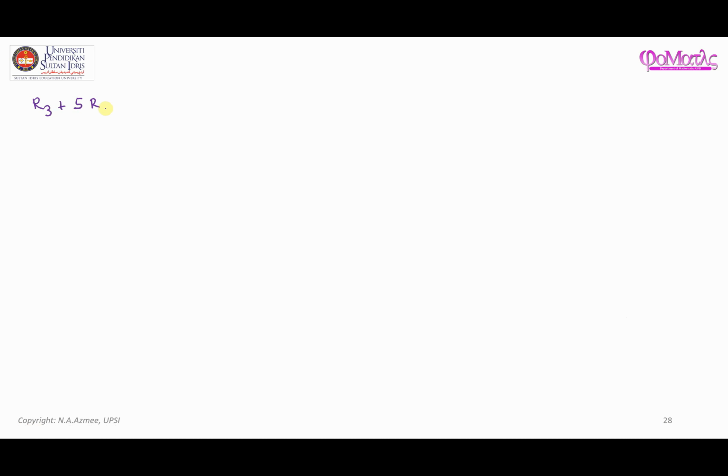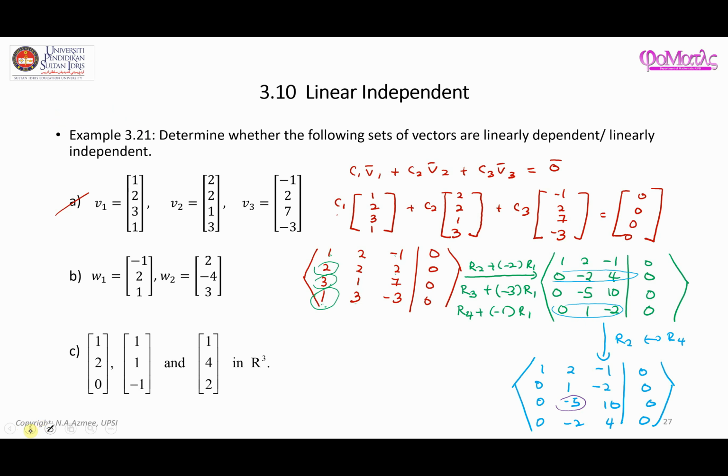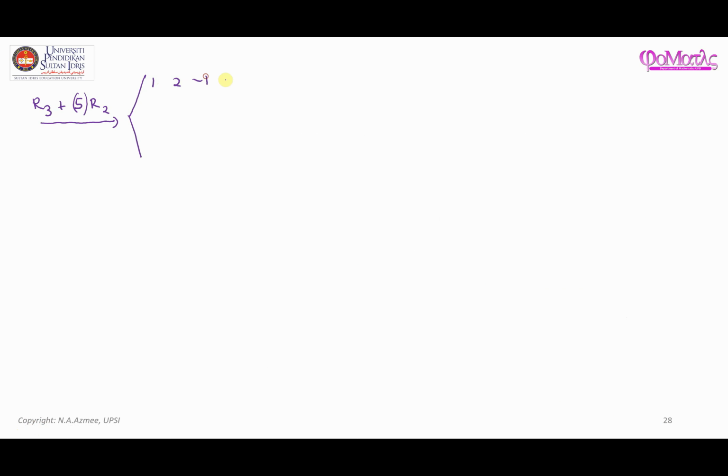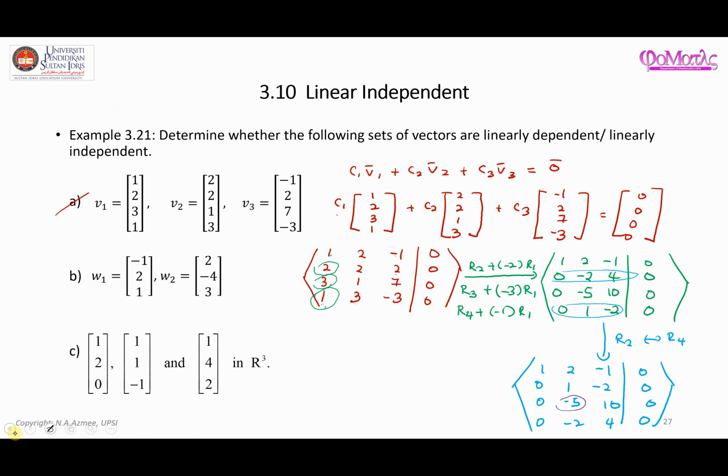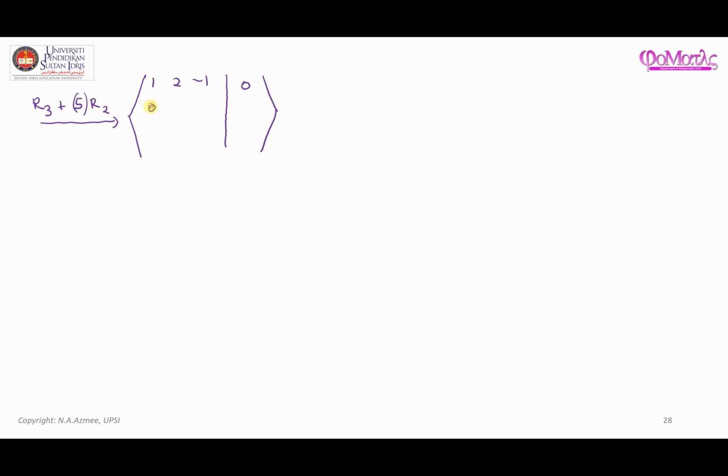Yeah, second row. Okay, so this is the operation that I will consider, and this operation will give the following result. 1, 2, negative 1, 0, 1, 2, negative 1, 0. The second row is 0, 1, negative 2, 0, 1, negative 2, 0.